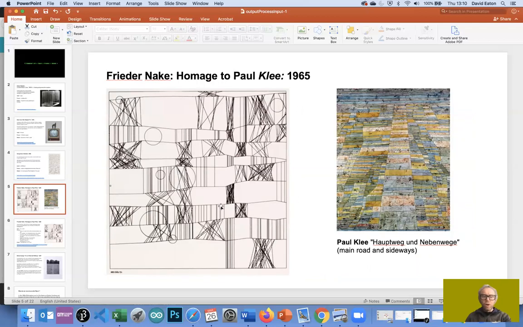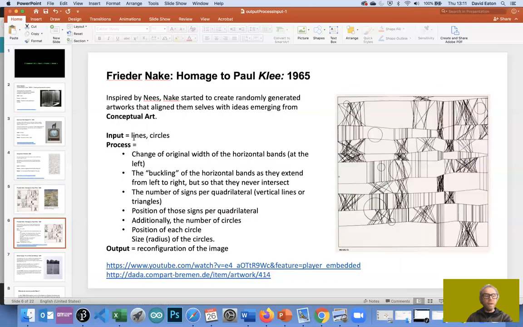Frieder Nake's work. Again, we've looked at Nake's work. This one, Homage to Paul Klee, the image here. This is where he's drawing his inspiration. So there's some art world context going on here, where he's drawing inspiration from work that exists and creating this work that was derived from that. And let's have a little look at his input, process, output. What he was doing was creating a randomly generated artwork. The input were lines and circles.